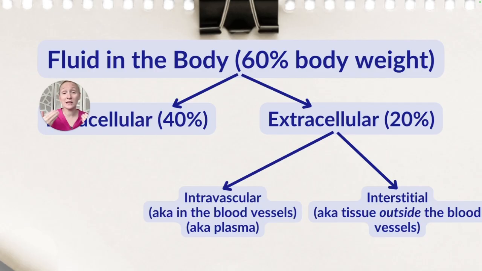Now we have too much water in the interstitial space. And you don't have to be a rocket scientist to predict what kind of symptoms you're going to see. You're going to see swelling because water has been pushed out into compartments it is not supposed to be in. And if that pressure increases enough, then that water can even be pushed from second spacing to third spacing and go into places it's really not supposed to be, like the abdominal cavity for ascites.